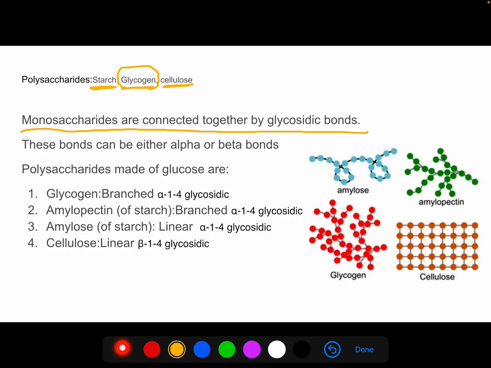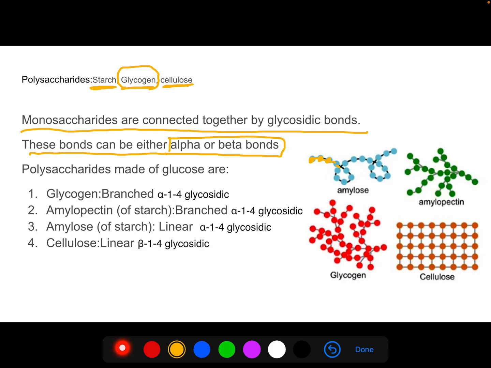Monosaccharides are connected together by glycosidic bonds. Between each monosaccharide, there's one glycosidic bond. You can consider this one as one monosaccharide, another monosaccharide, and between them is the glycosidic bond. And these bonds can be either alpha or beta bonds.